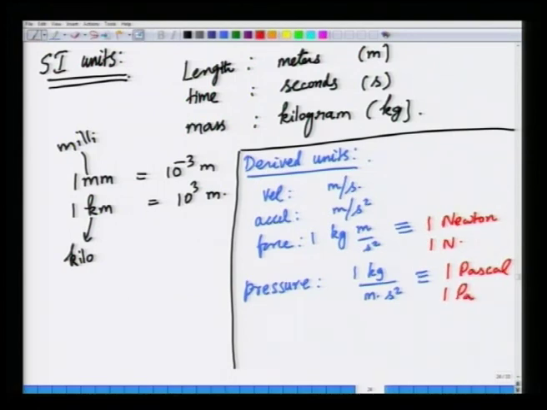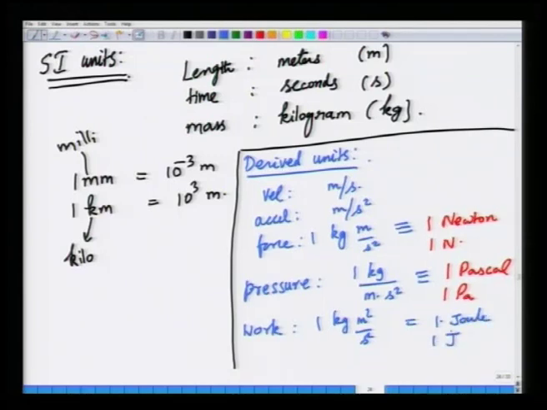And work, these are some of the quantities that we will encounter as we go along. Work is force times distance. So, you have 1 kg meter squared per second squared, it is defined as 1 joule, or 1 J in short.